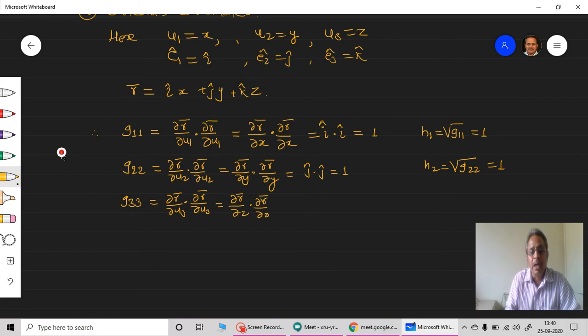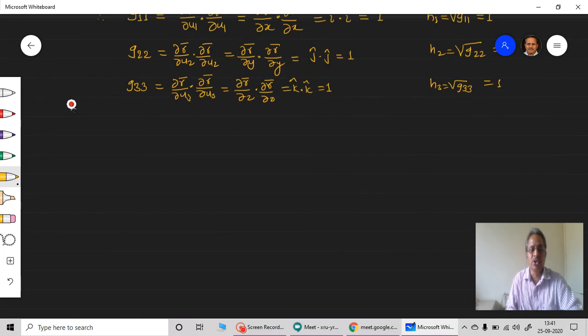Now again take partial differentiation of r bar with respect to z. This is going to be only k cap dot k cap, that is also 1, and therefore I am getting H3 equal to root of G33, and that is also equal to 1. So I got H1, H2, H3 equal to 1, 1 and 1.